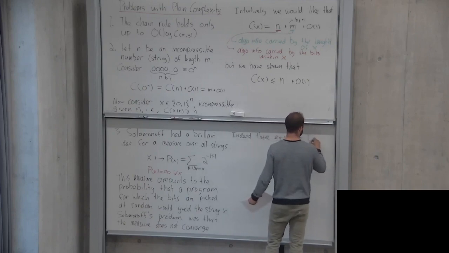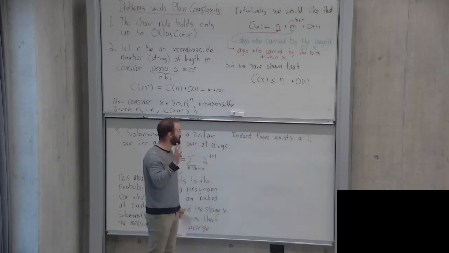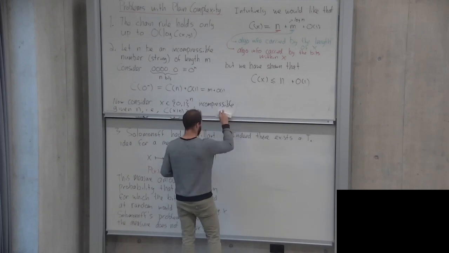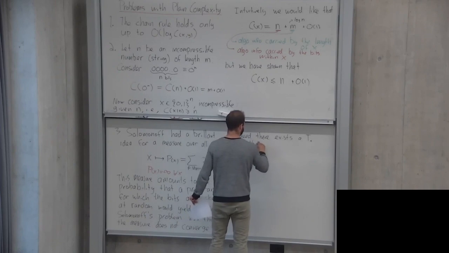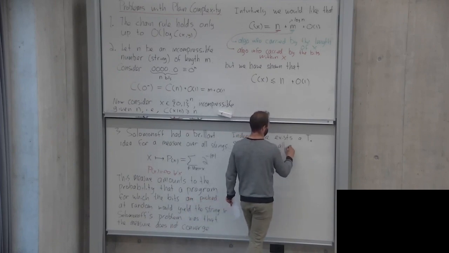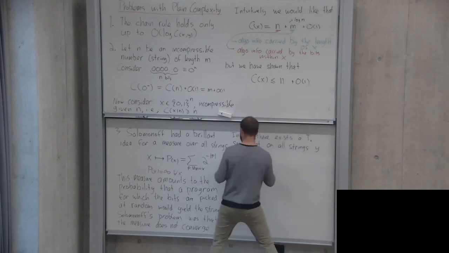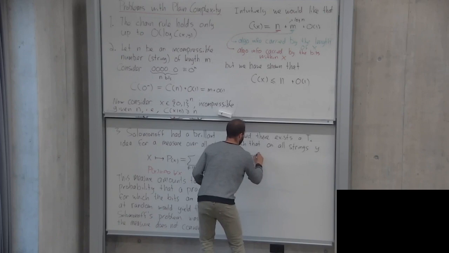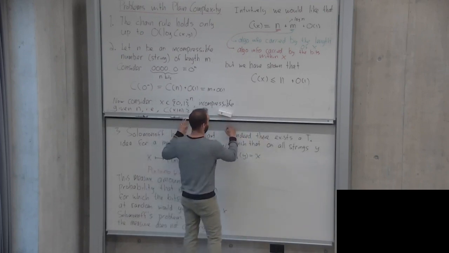a Turing machine T_i, with some number i in the enumeration of Turing machines, such that on all strings y, T_i of y equals x. So this is for each x.